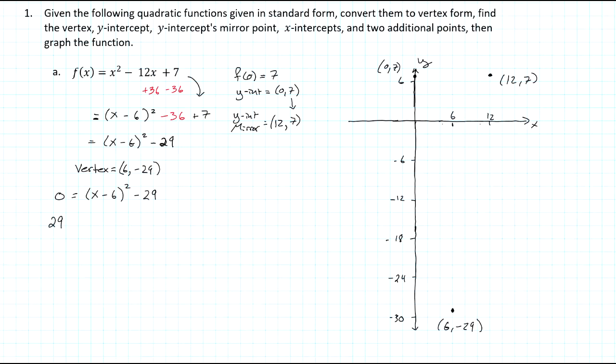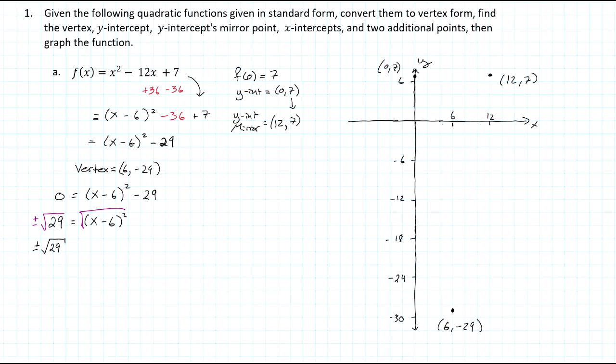Add the 29 to the other side. So we'll get 29 equals x minus 6 squared, and then we can take the square root of both sides. But remember to put that plus or minus in front of the square root when you do so. So we'll get plus or minus square root of 29.